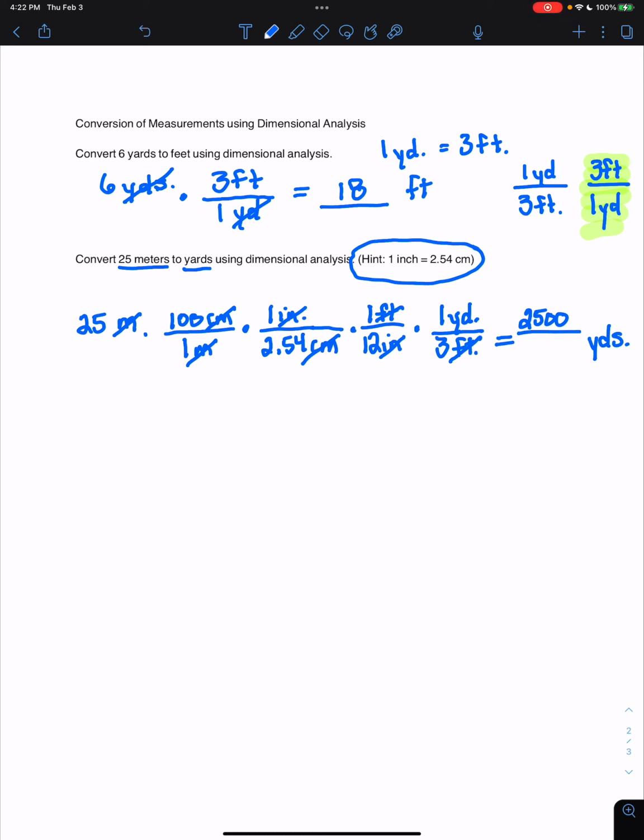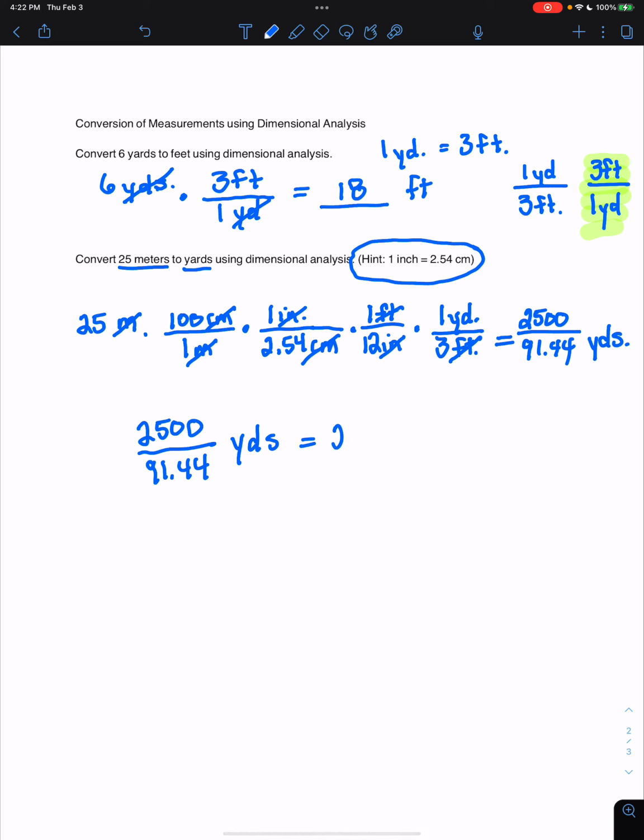And I end up with 91.44. Now that is an ugly fraction if ever I saw one. But the nice thing about fractions is they are actually division problems. So I am going to simplify this division problem by saying 2,500 divided by 91.44. And my calculator is very helpful here.